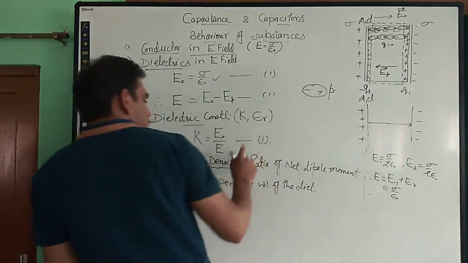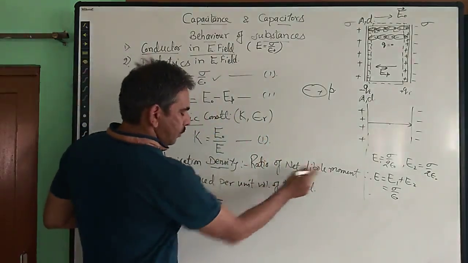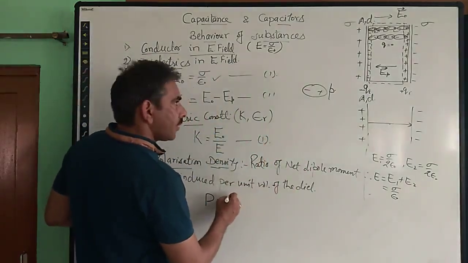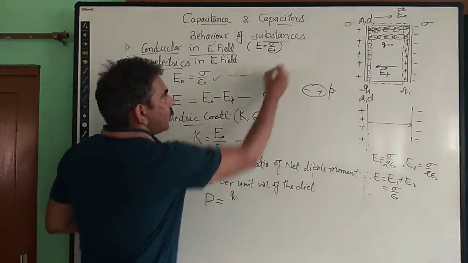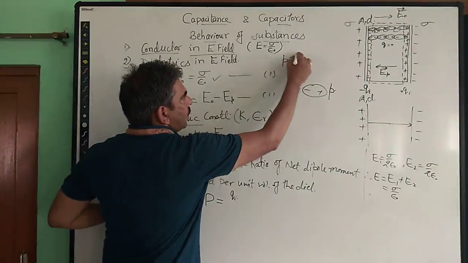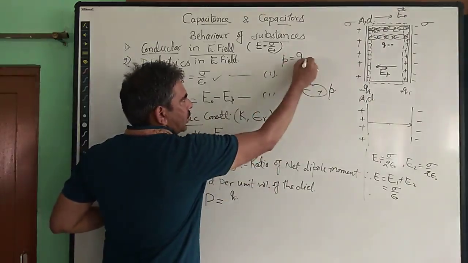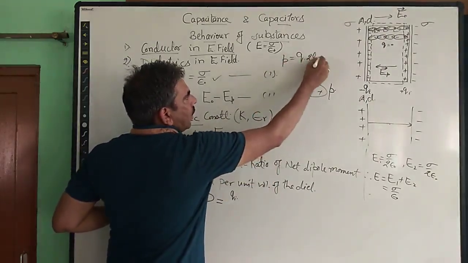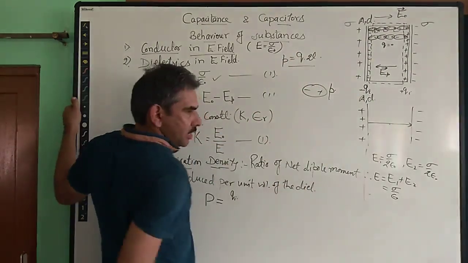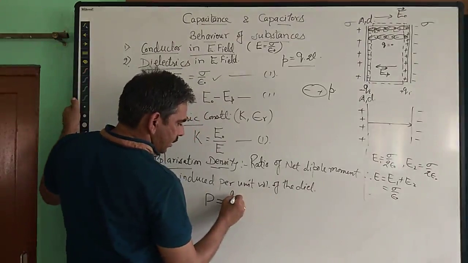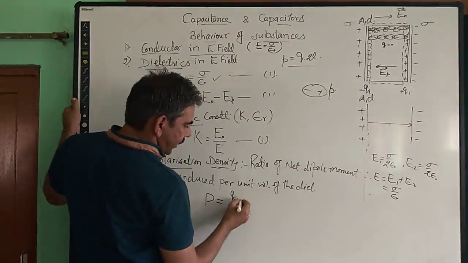So, from there, we can write the net dipole moment as Qi into the separation between the charges. By the definition of dipole moment, it is equal to either charge into the separation between them. In that case, we took it as 2L and here we take it as D, so we can write it as Qi into D.